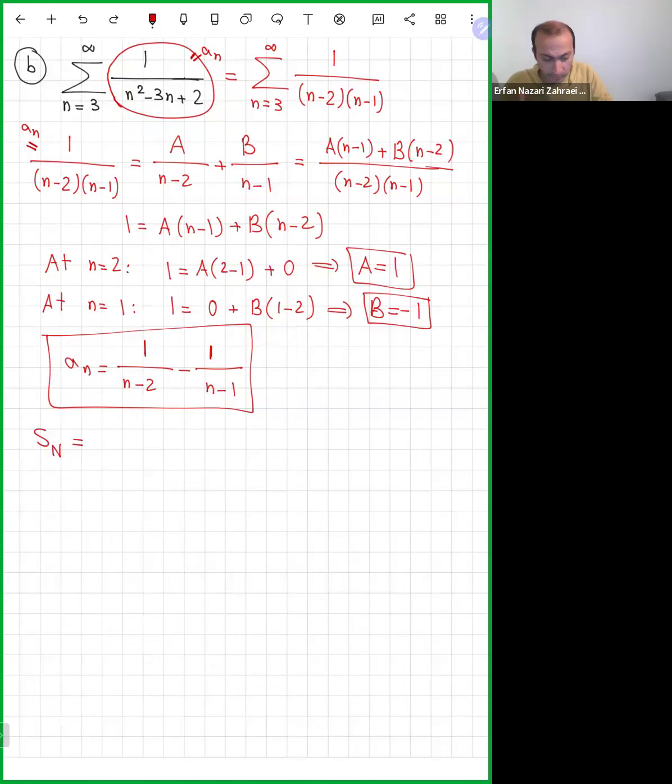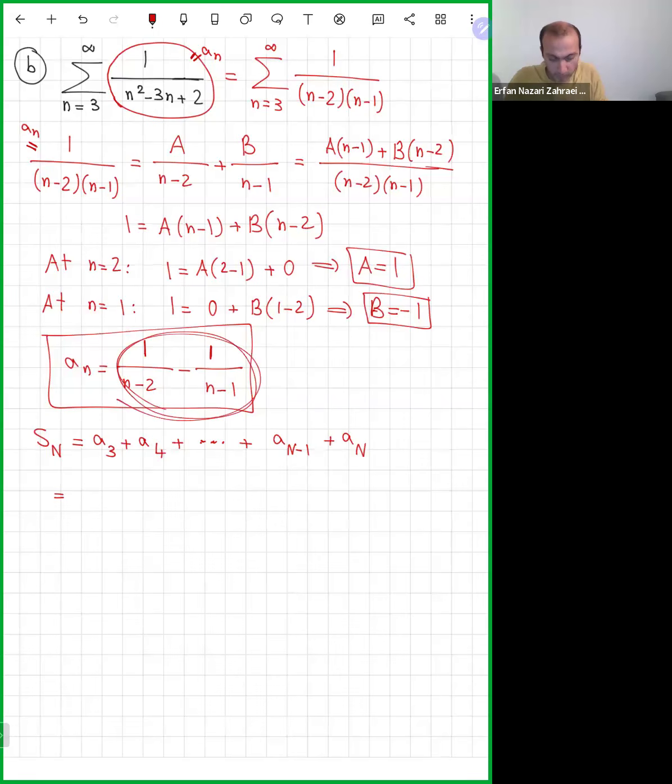The start is 3, not 1 or 0. So it's a_3, a_4, plus up to a_n. But to see more clearly which terms cancel, let me also include one term before, which is a_(n-1).